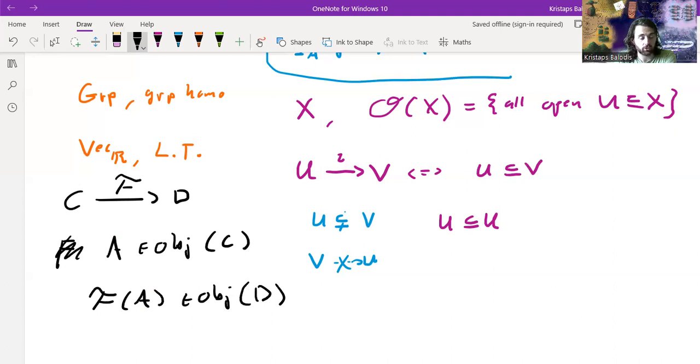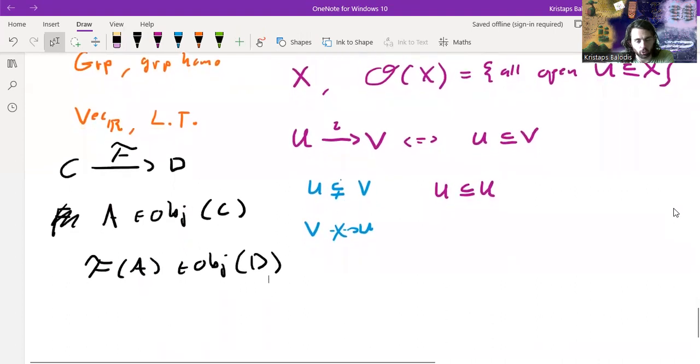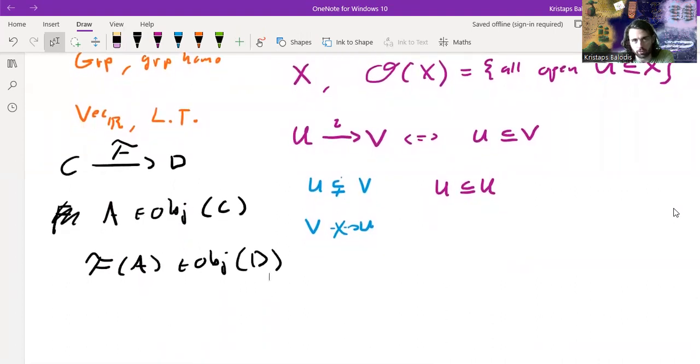Well, in all these cases, we care about structure preserving maps, right? So a morphism of topological spaces should be continuous. It preserves open sets, right? Group homomorphisms preserve the group operation, right? So what do we have in categories? The only really interesting feature that all categories have in common is that they have a composition of morphisms, right?